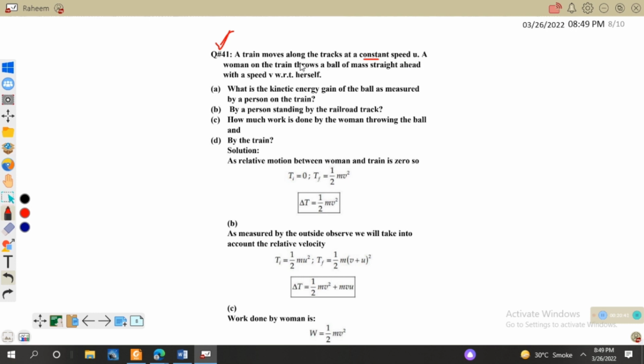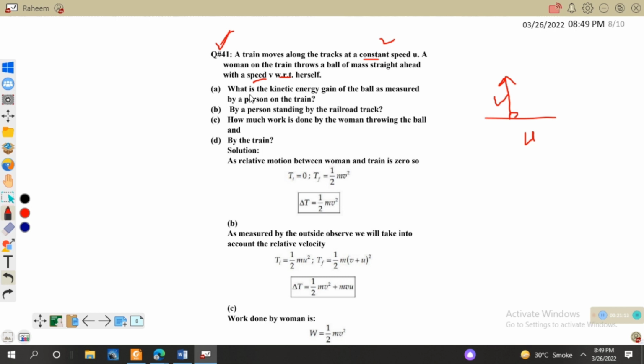A woman on the train throws a ball of mass, let's consider m, straight ahead with a speed v with respect to herself. The woman is in the train and the train is moving with speed u, and she throws the ball forward with speed v.